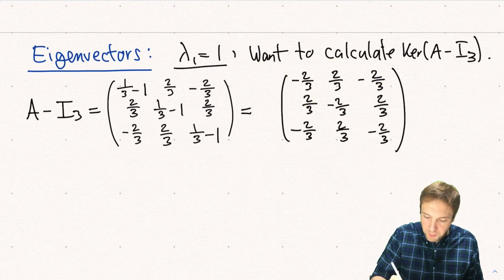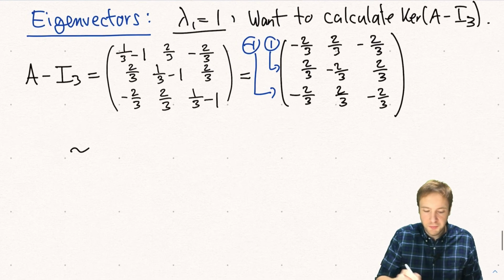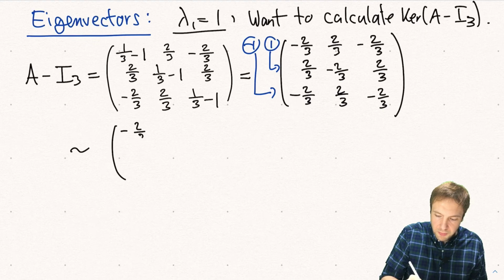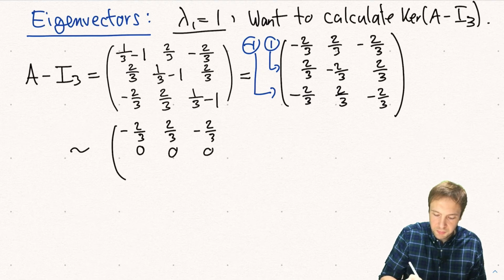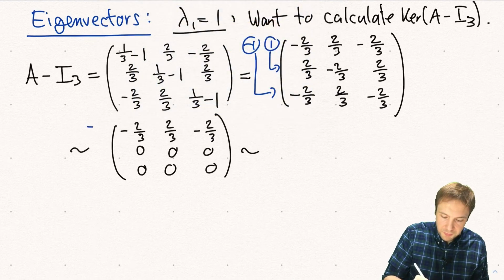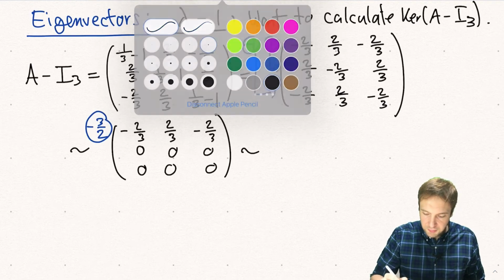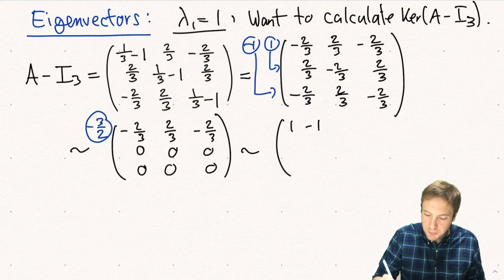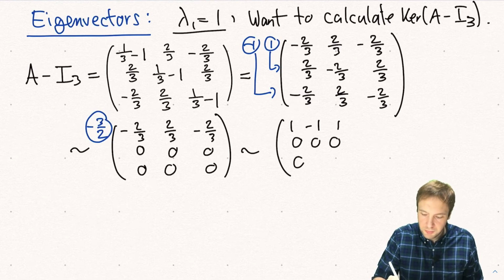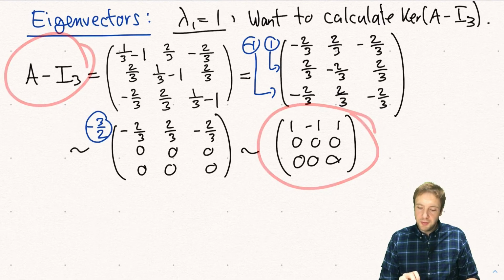So if I do this row operation by adding this one to this and subtracting this one to this, then this matrix is row equivalent to minus 2/3, 2/3, minus 2/3, 0, 0, 0, 0, 0, 0, which is row equivalent by multiplying this by minus 3/2 to 1, minus 1, 1, 0, 0, 0, 0, 0, 0. So this matrix is row equivalent to this.